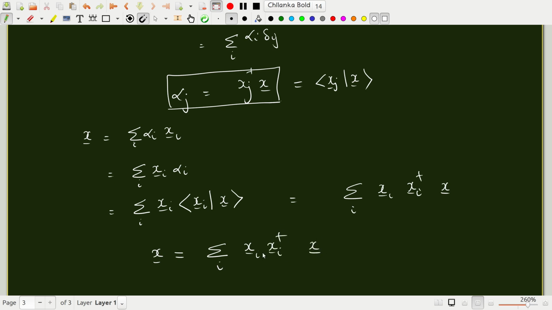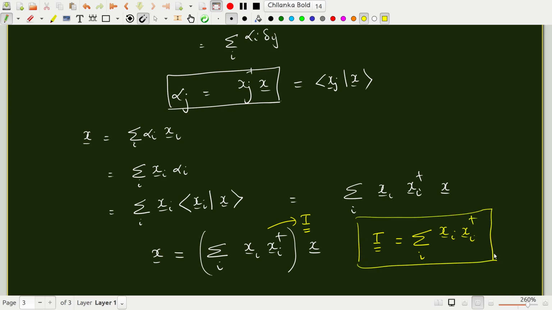Now therefore, if x is something else times the same vector, that something else should be an identity matrix, right? So if I have a set of orthogonal basis vectors, and this basis is complete, then the identity matrix is given by summation of x_i x_i dagger.